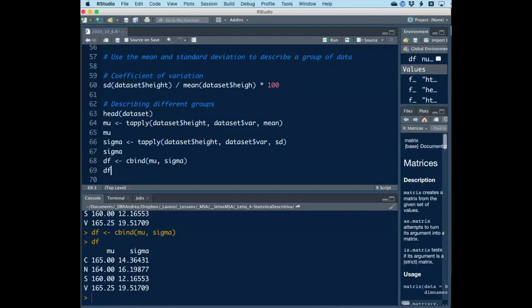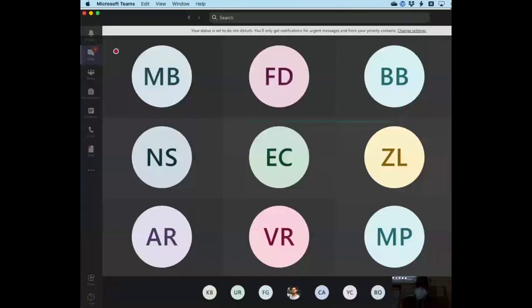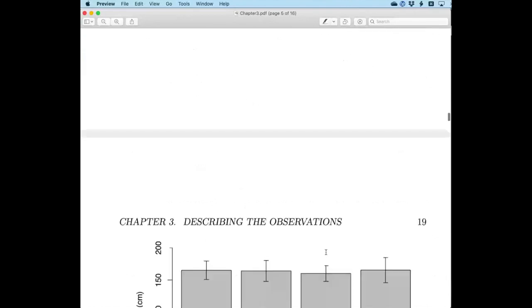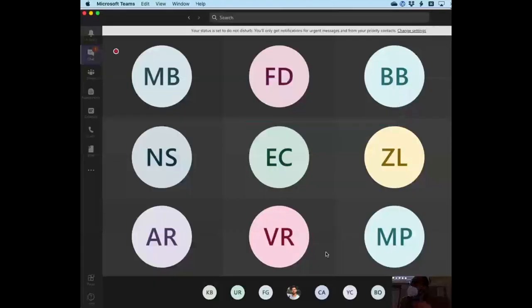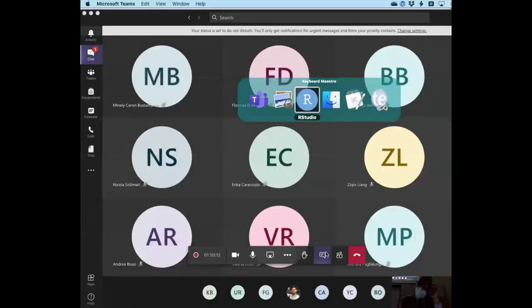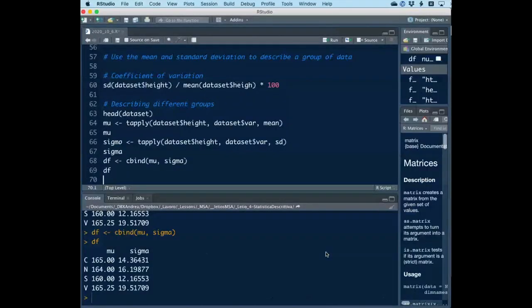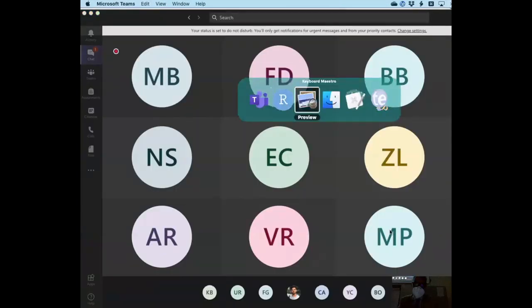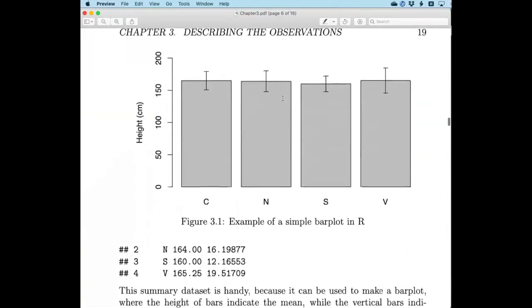So, now, once we have described the observations, what we can do is simply plot the observations, for example, by making a bar plot. Now, that's pretty easy. I copy the code to be faster.